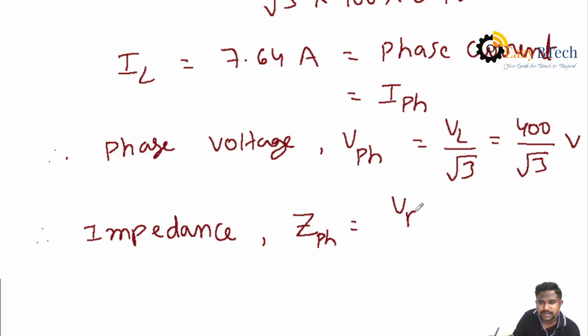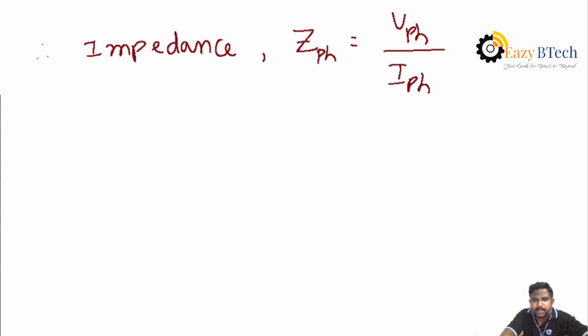The formula is VPH by IPH. Remember, in three-phase circuits, the formula for impedance is VPH by IPH. Don't write VL by IL. That is, impedance is always found in the form of phases.